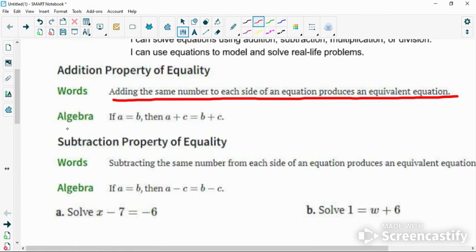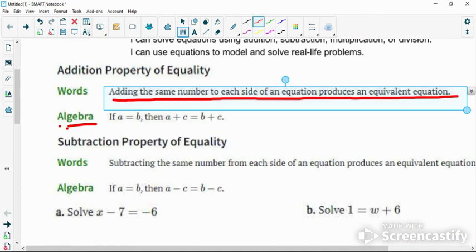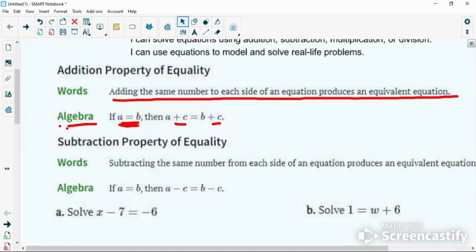Where it says algebra, it does say that if we have an equation where A is equal to B, I'm allowed to add the same number on each side without changing the meaning of the equation. It is still equivalent even though it looks like a brand new equation.